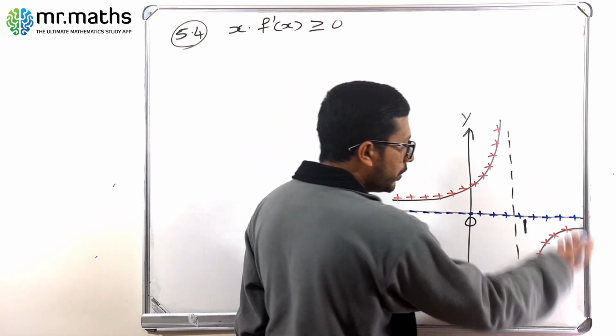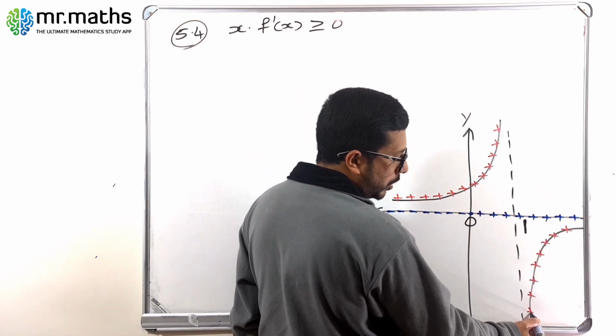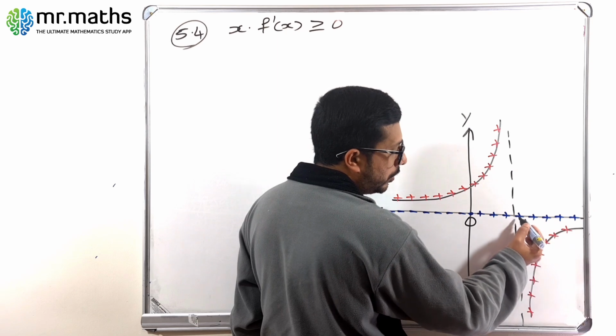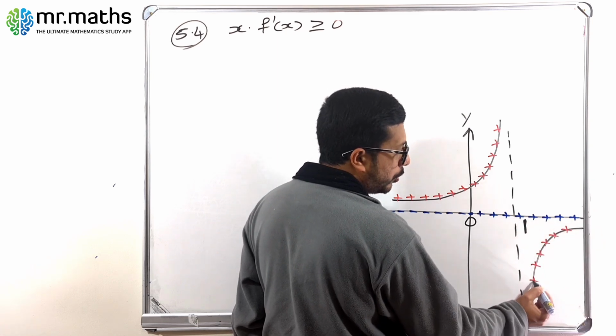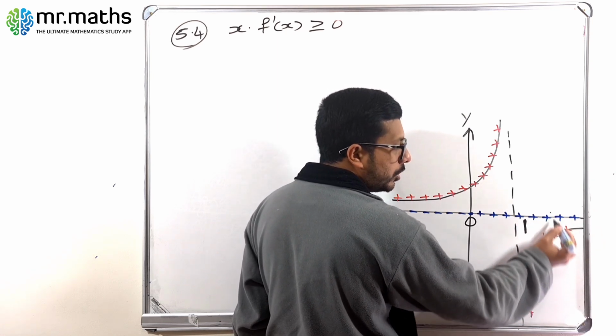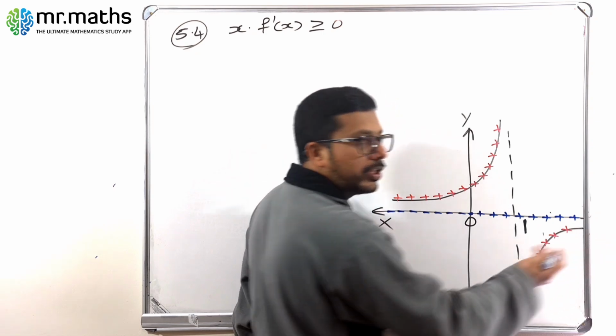But after 1, what is happening? f dash of x is positive, x is also positive. So positive times positive is positive.